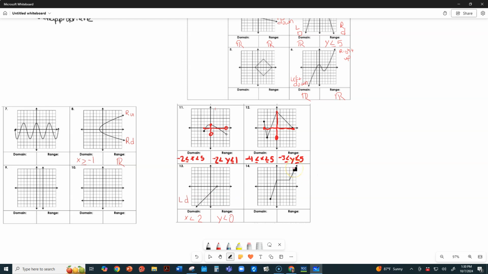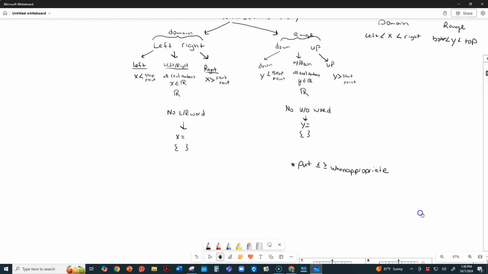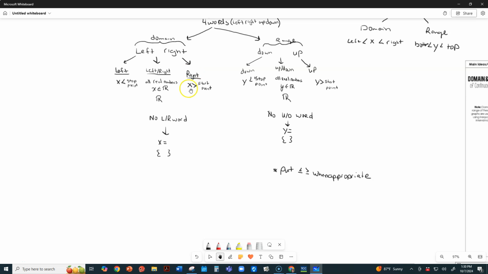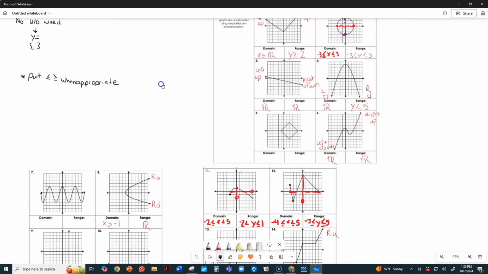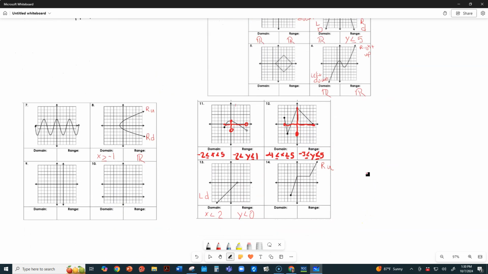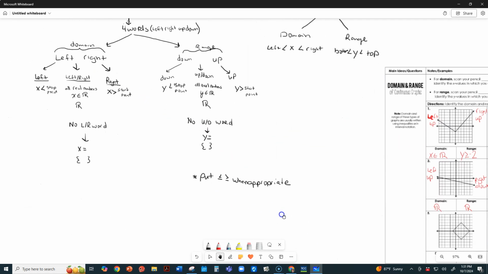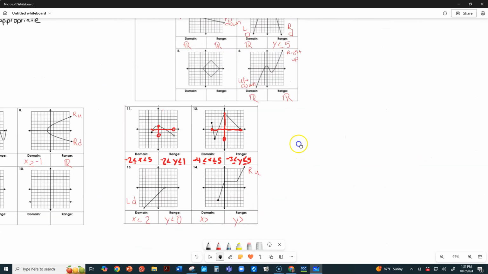This arrow over here is on the right side and it's pointing up. The other side does not have an arrow, so I'm only going to be using right and up. So for right, I say x is greater than, and for up, I say y is greater than. For x is greater than, your starting point, and for y, it's also the starting point.